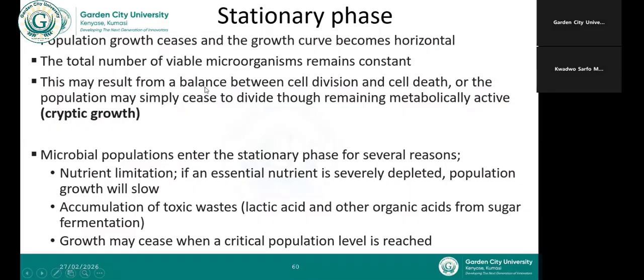So the population size is stable. Still, there will be some dying as a result of the toxic waste that are produced, example, lactic acids, organic acids from sugar fermentation, and other metabolic activities.